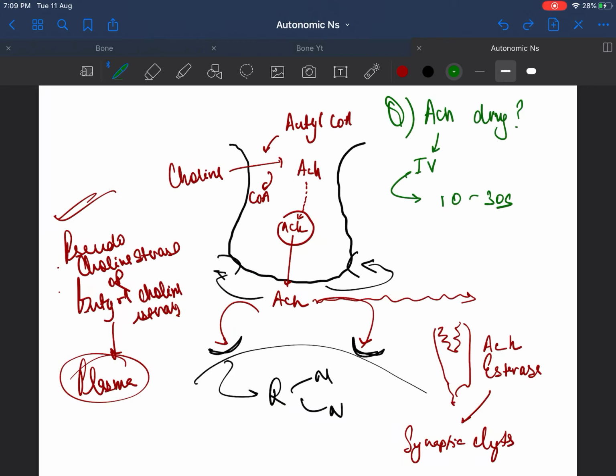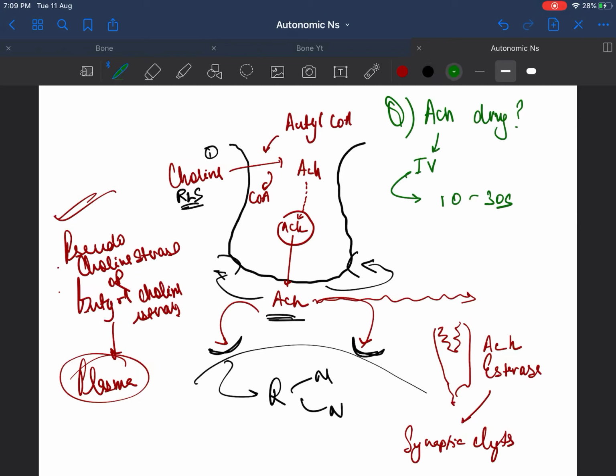Now there are some drugs which can actually, first of all, this step, the entry of choline, is actually the rate limiting step here. So there are some drugs which can actually increase the acetylcholine in the synaptic cleft, and there are some drugs which can decrease the amount of acetylcholine in the synaptic cleft.